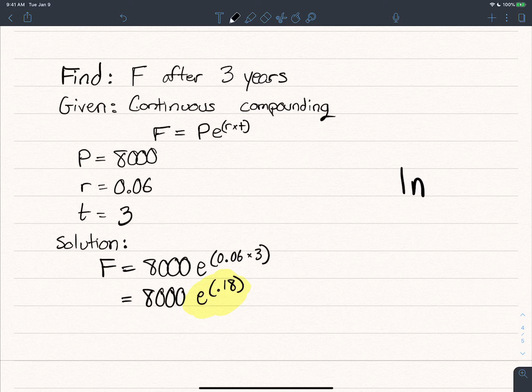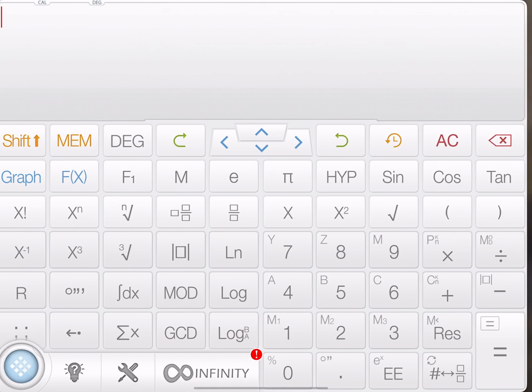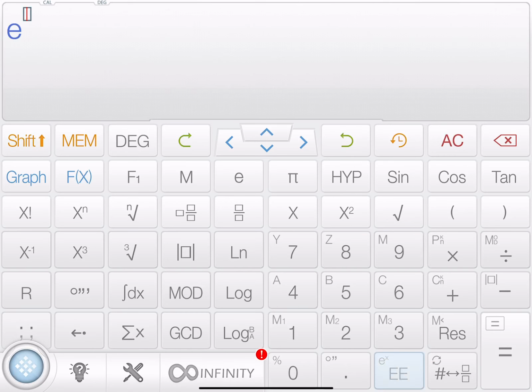So we're doing e to the 0.18. And what you want to do in your calculator, depending on how it works, so let's see how mine works. On mine, I press shift, and then I press the button e to the x.